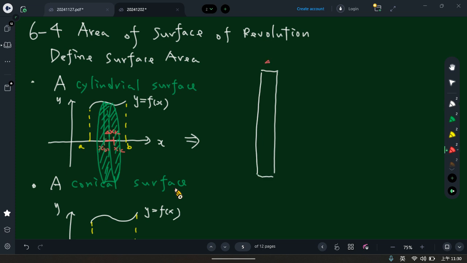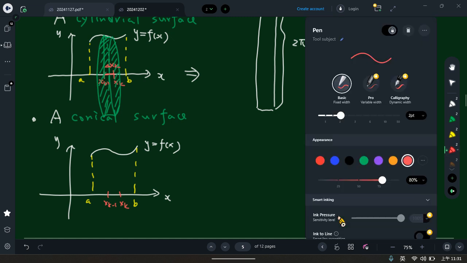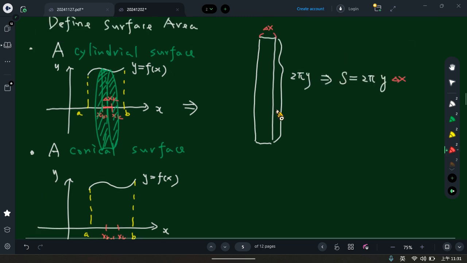We just use delta s_k as its width, and this part will be 2 pi y, where y means the height. So the size will be S equal to 2 pi y times delta x, because when we divide it, we get 2 pi y times delta x. That means we use delta x as its width.